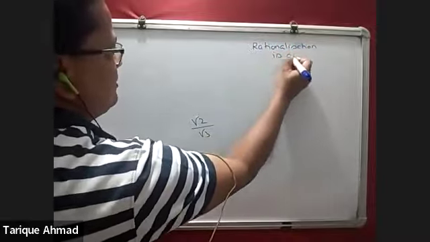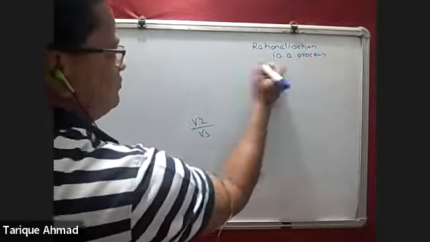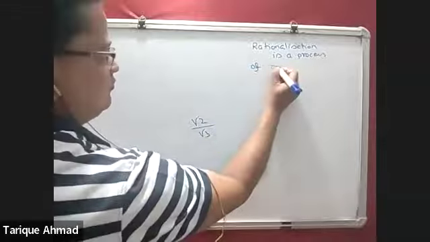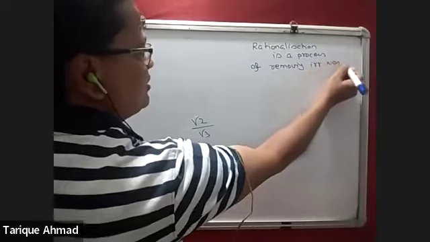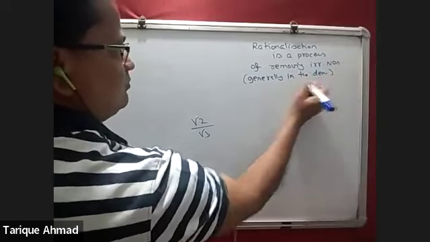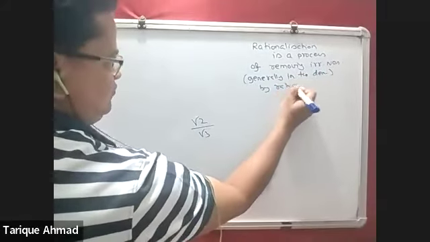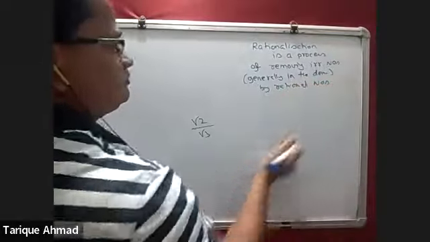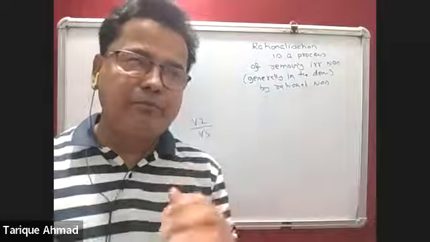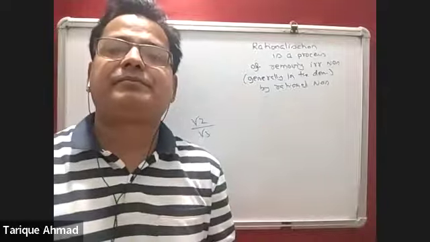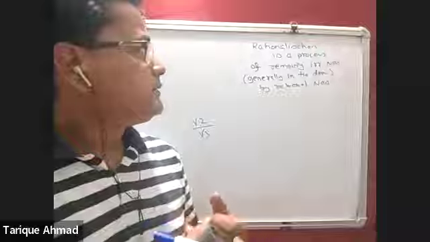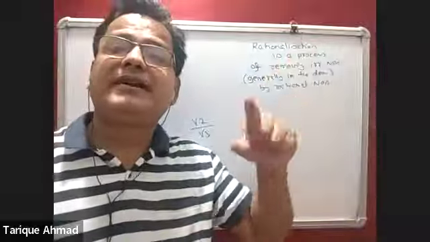Rationalization is a process of removing irrational numbers from the denominator, generally, and replacing them by rational numbers. If we remove irrational numbers and bring rational numbers in their place, that process is called rationalization.